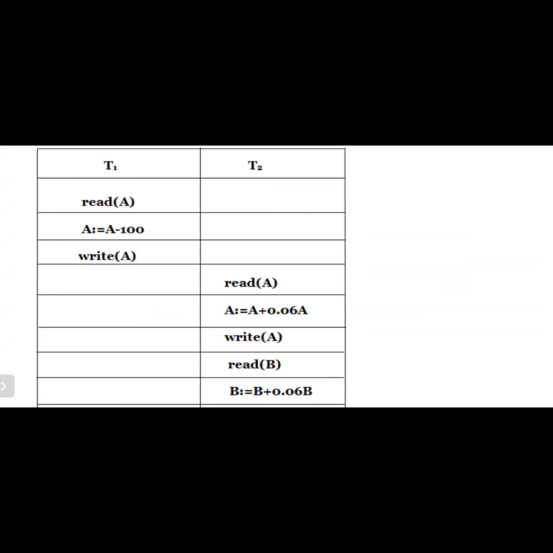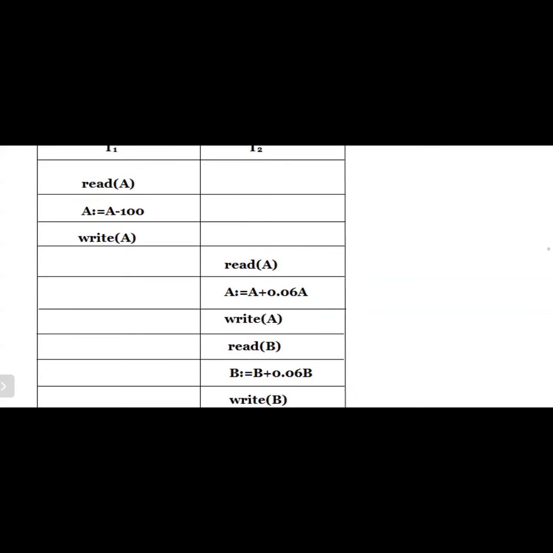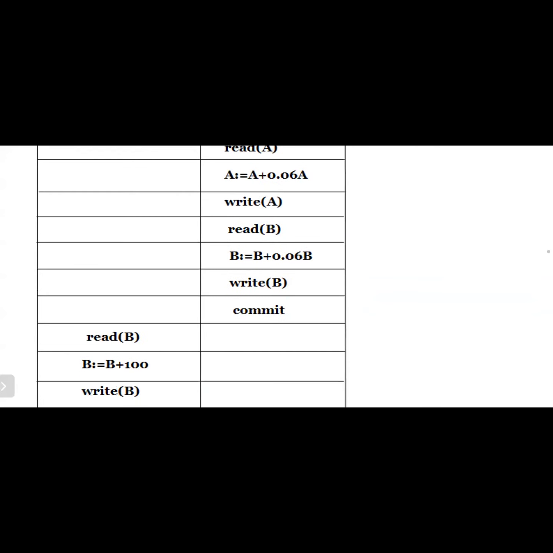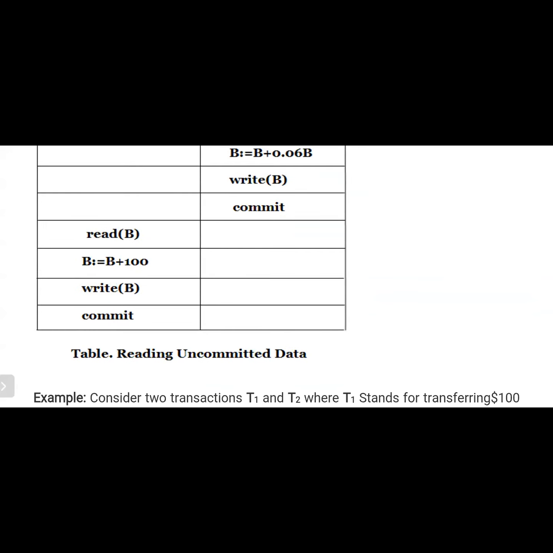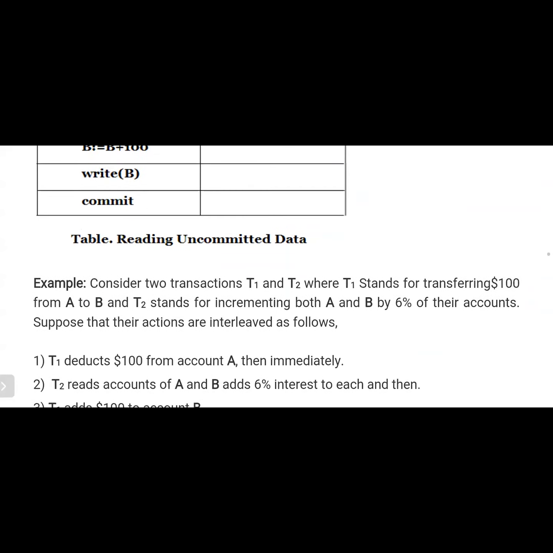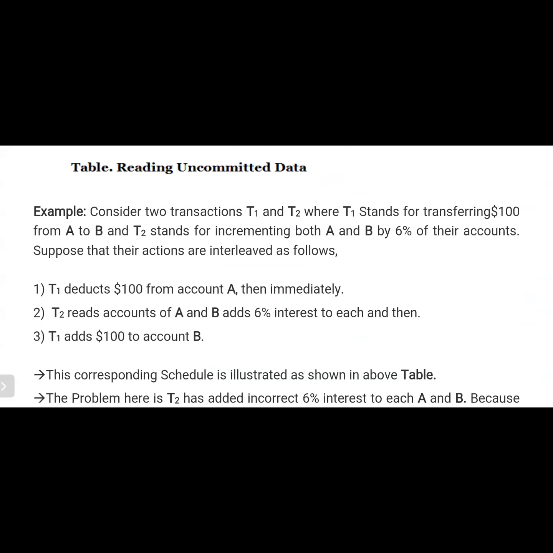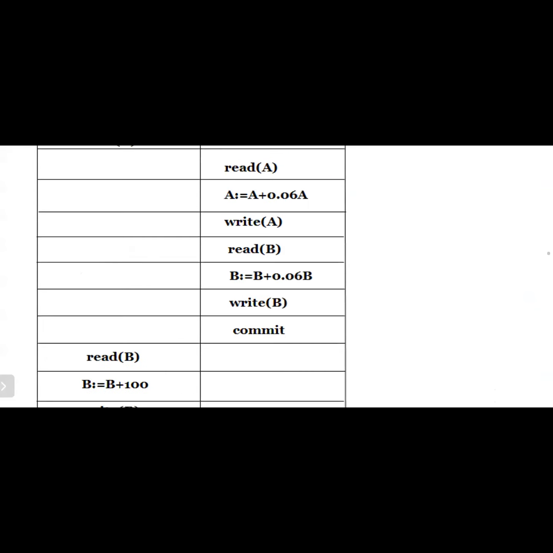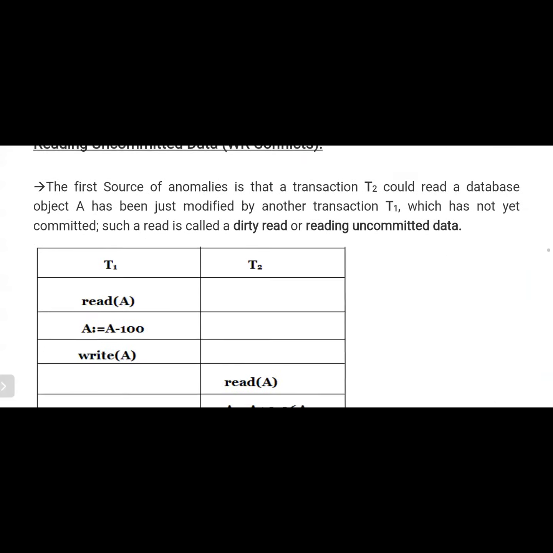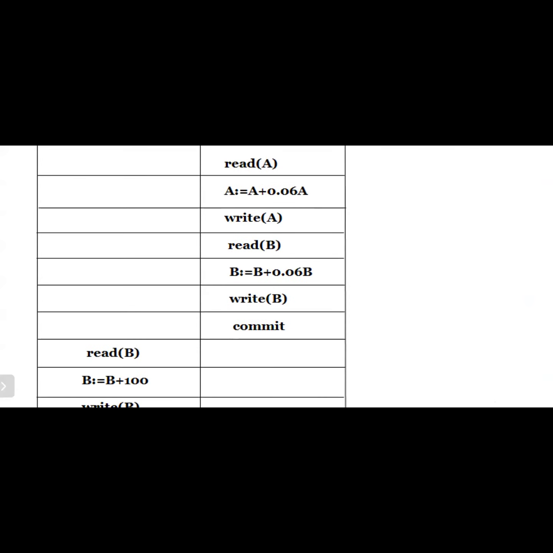But here we are not using commit. At the same time, T2 will be reading the A value, and A may be modified by some other transaction, which then tries to commit. So another transaction may be executed here, and in this situation we will definitely get erroneous data.